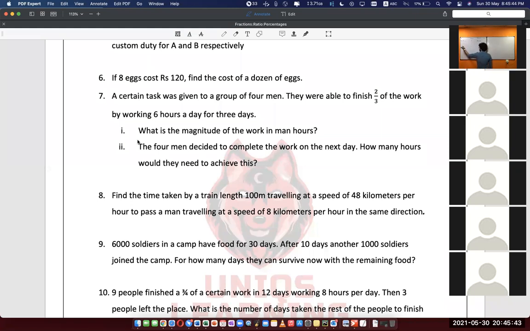So 2/3 of the work, sorry, 2/3 of the work, we can write its magnitude. Not the entire work, not the total work, but 2/3 of the work is going to be 4 men, let's say man, into how many hours? 6 into 3 hours, right?